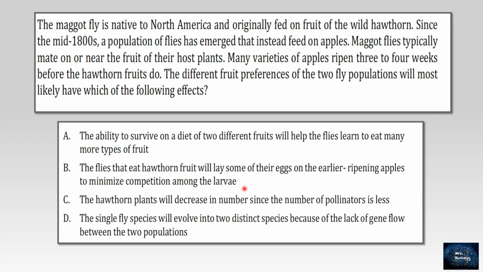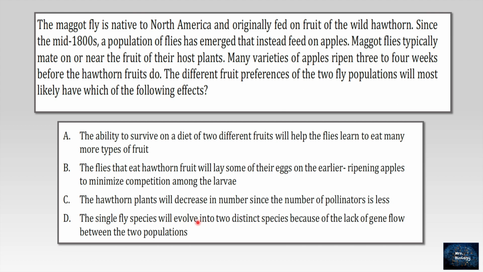They have a fixed time for maturation. That's wrong. C, the hawthorn plants will decrease in number since the number of pollinators is less. It's okay, but here we are not studying the impact of flies on the fruit. We are looking for the impact of eating different types of fruits on flies. So this is wrong.